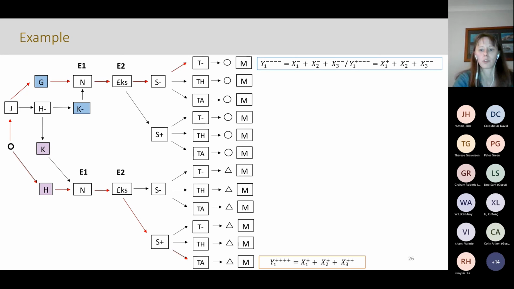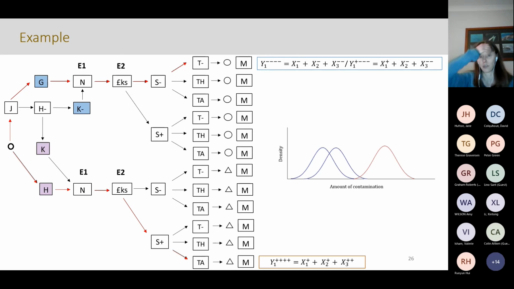So that means if we were to compare the distribution of these two different Ys, you would expect the red Y, i.e. the contamination from drug traffickers, etc., to be much higher than that of the blue Y, which would be lower, something in the realms of down in the lower end. So in that way, you can compare using the chain event graph and the evidence that you're getting of contamination on these notes.